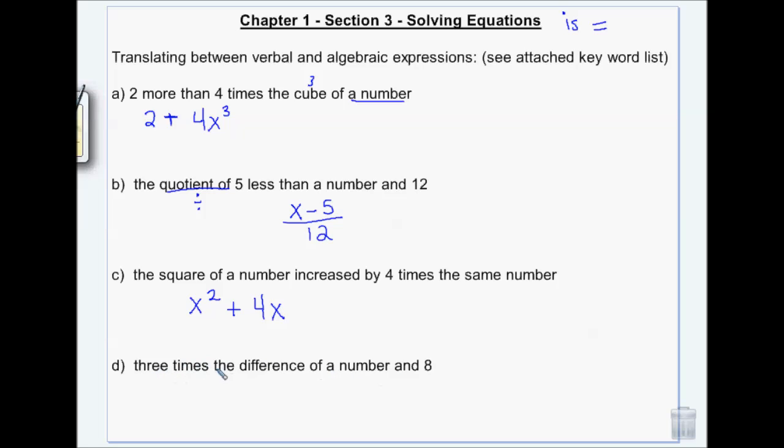When it says 3 times or 2 times and it says the difference or the sum, this is going to be in parentheses. So it's going to be 3 times the difference of a number and 8. Now, unlike 5 less than where you do minus 5, when it says the difference of, you do the first minus the second. So anytime it's the quotient of or the difference of, it's the first minus the second.